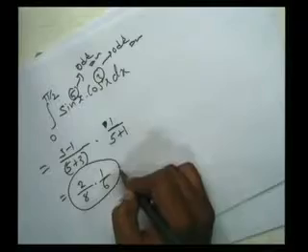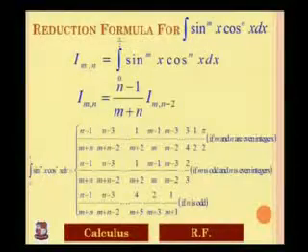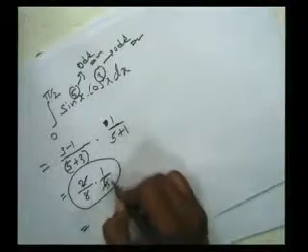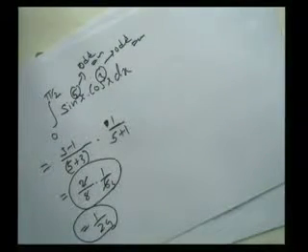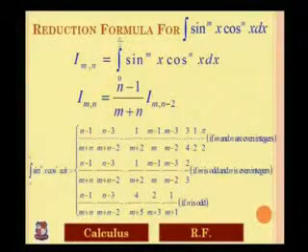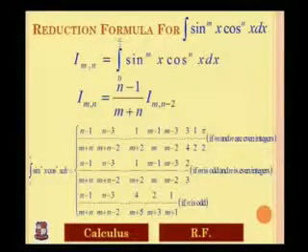Okay, 2 by 8 into 1 by 6, and that's why the result is 1 upon 24. That means we have seen all the three cases, how we can apply the reduction formula for sin raised to mx into cos raised to nx dx.